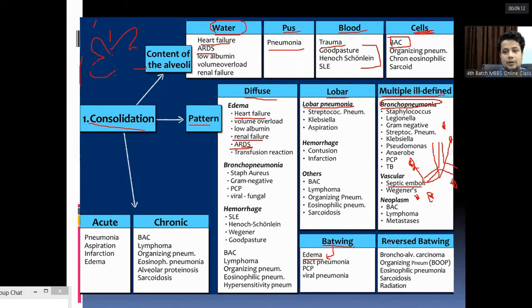If it is a reverse bat wing, you should remember ARDS. I'm just naming the most important causes. If you want to remember others, that may also be okay, but you should remember these.